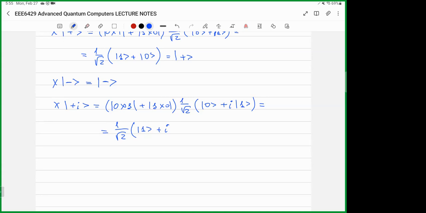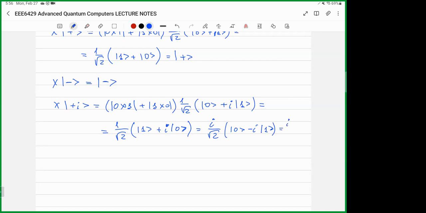Okay, 1 over square root of 2, then the state 1 plus I state 0. So it reminds the state plus I, but what I do now, I take the imaginary I from the brackets, and I get I times 1 over square root of 2, and here I get 0 minus I state 1, right?